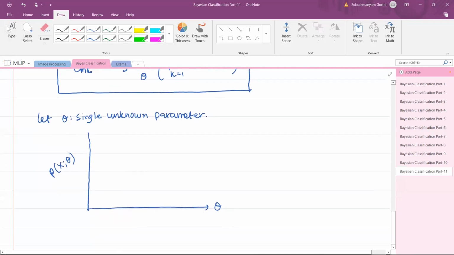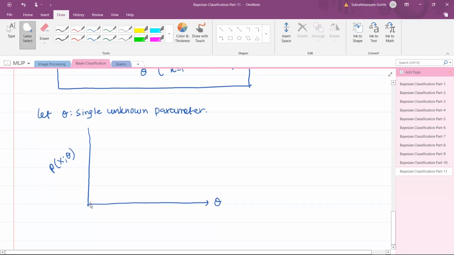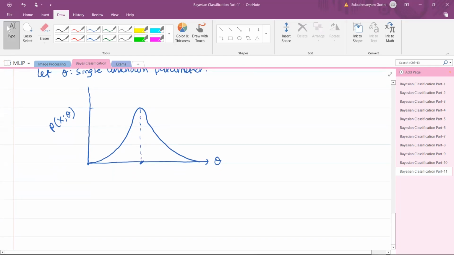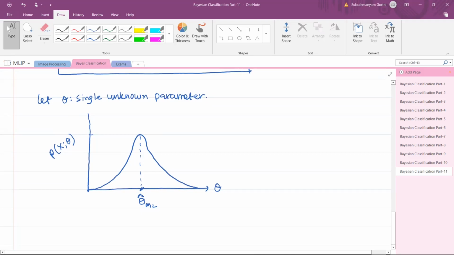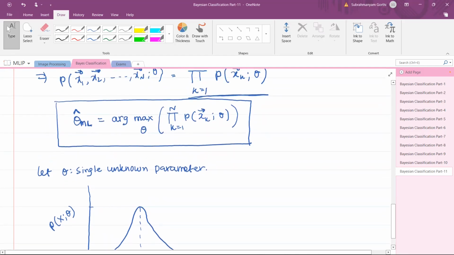So I choose different values of theta here and calculate the values, and it is maximum, let's say, at this point, and this will be my theta maximum likelihood estimate. Of course, then you could draw up to a two-dimensional plot. Beyond that, you will not be able to plot. But this is the basic idea on how you compute the maximum likelihood of a distribution.